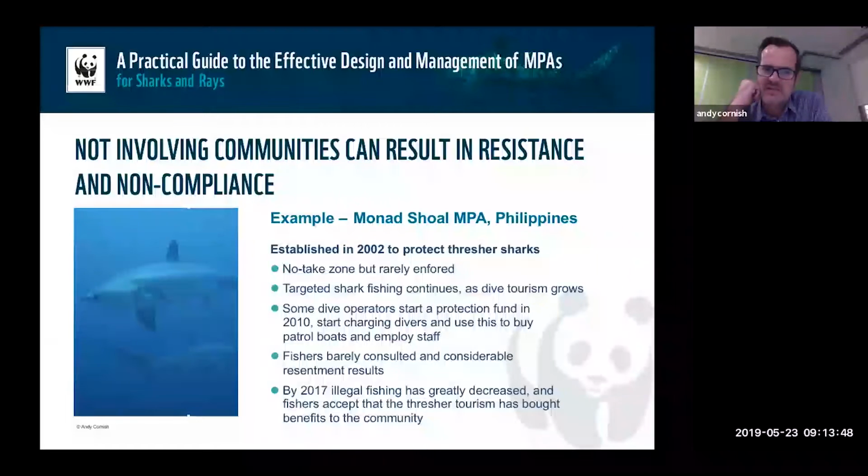But even the dive operators themselves acknowledged that they would have had an easier time in the long term if they'd spent more time at the beginning discussing it with the fishermen. So you can understand that they just wanted to move things forward and they were pretty fed up, but it caused them quite a lot of pain along the way. So getting buy-in, very important.